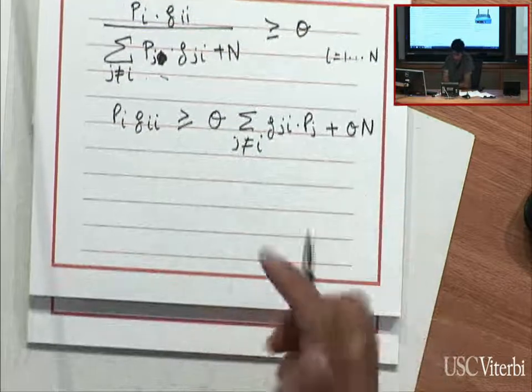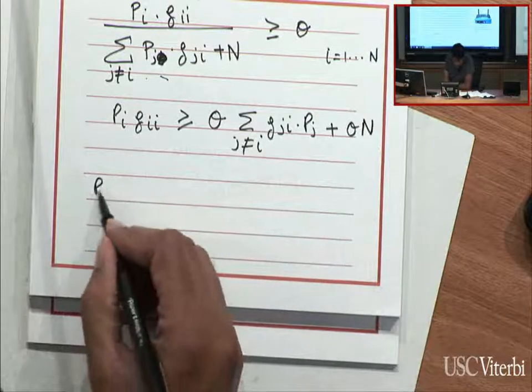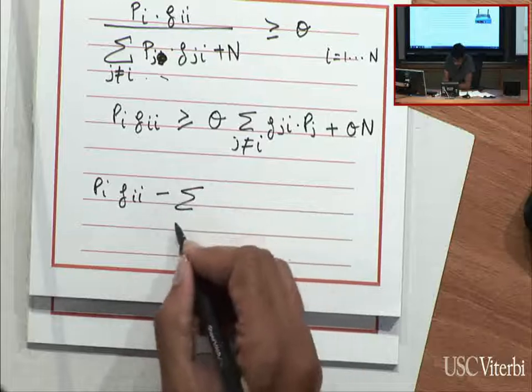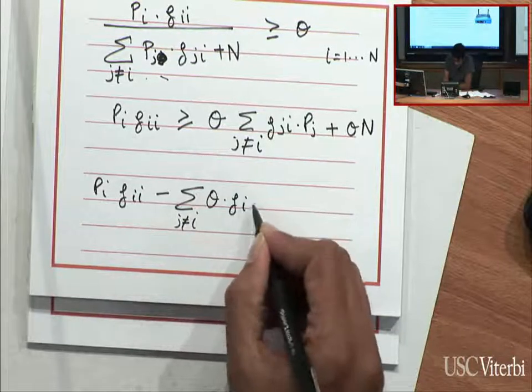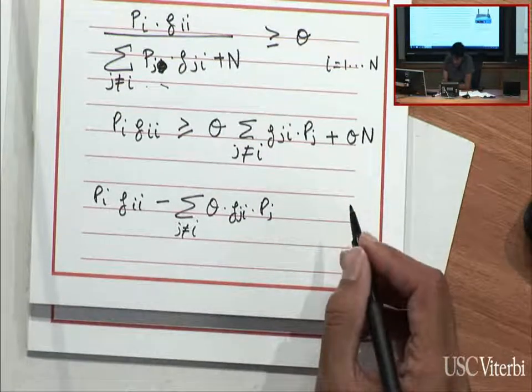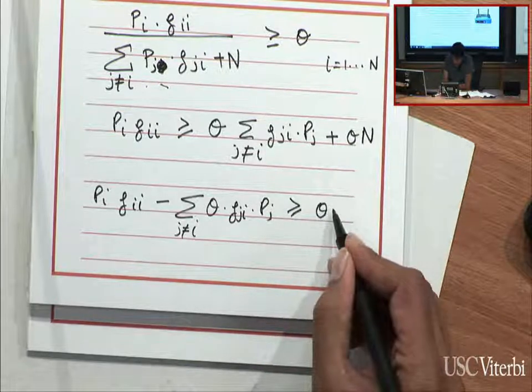And just as before, we can rewrite this as PI GII minus the summation, for j not equal to i, of theta times GJI times PJ. Let's leave the theta n on the right.